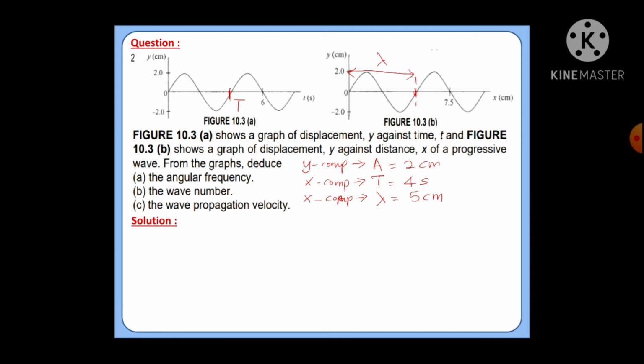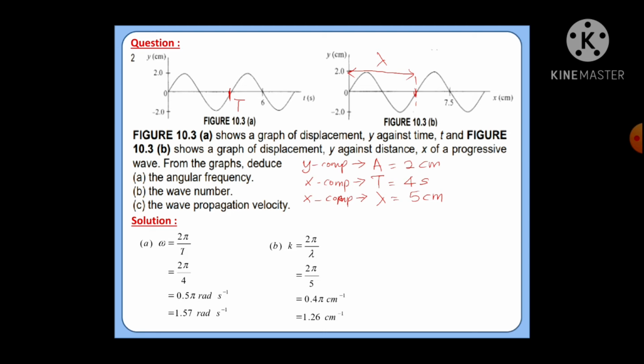From the hidden information, first we can calculate the angular frequency. We use the relationship between the angular frequency and the period, and you will get 1.57 radian per second. For the wave number, we use the wave number equation.